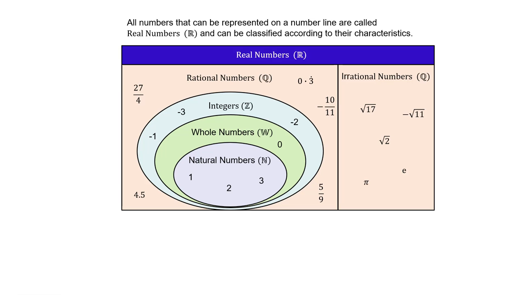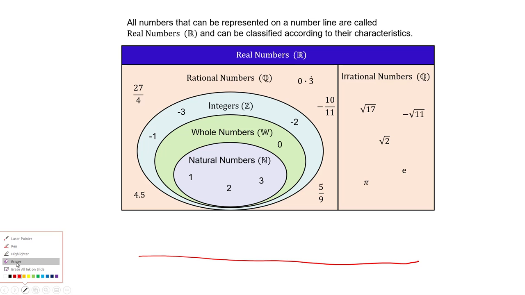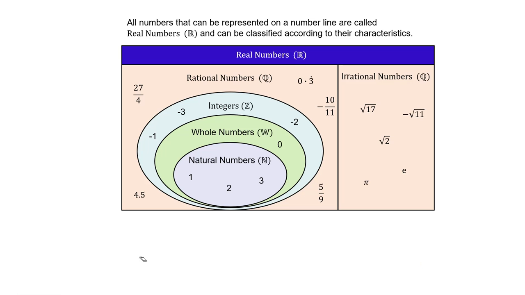Now, I like to look at them as the numbers on the number line. So if I have my number line here, I think I can do a better line than that. Let's try again. Okay, so there you go. So that's my number line.